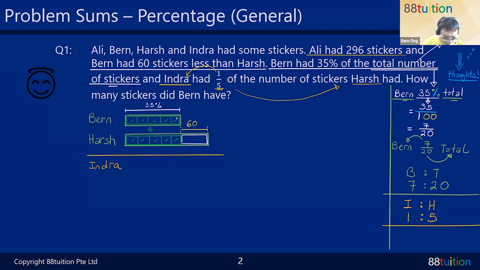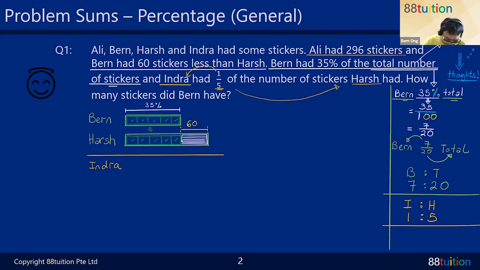But this white color portion, what must you do? You must also separate it into 5 parts. So it's like 1, 2, 3, 4, 5. Why do I separate it in a horizontal way? I'm just trying to tell you it's different. So what does Indra have?